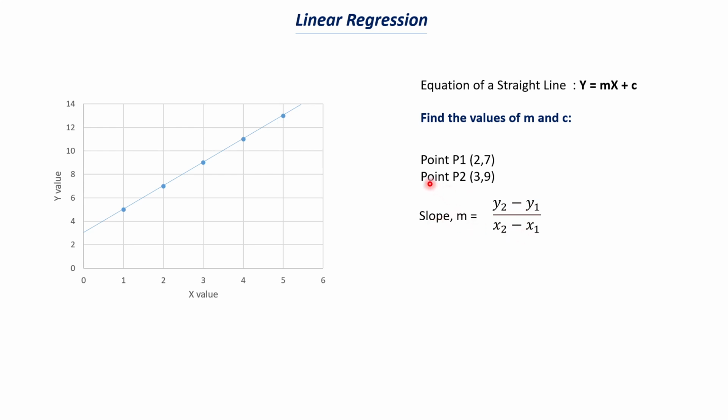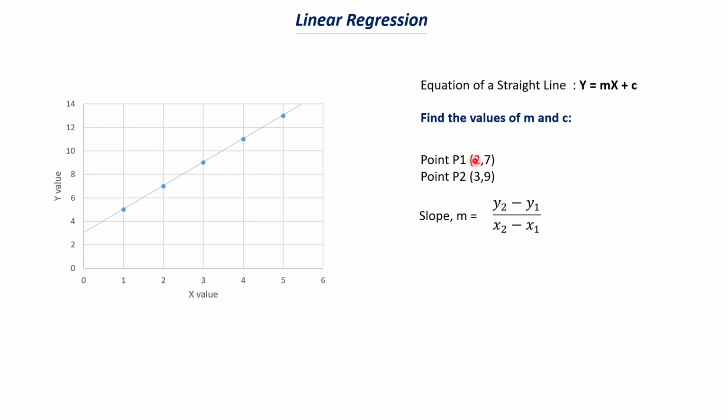Okay, so here we know that point 2 is p2 and point 1 is p1. So we need to take the later point as p2 and the smaller point as p1. So this will be our point p2 and this will be our point p1. Okay, so now this 2 represents the value x1. So just look at this formula. We have x1, x2, and y1, y2.